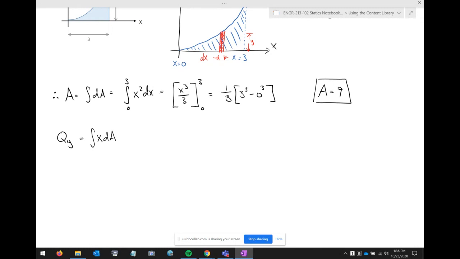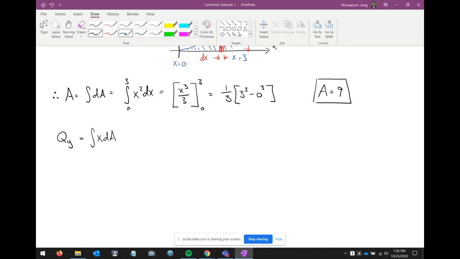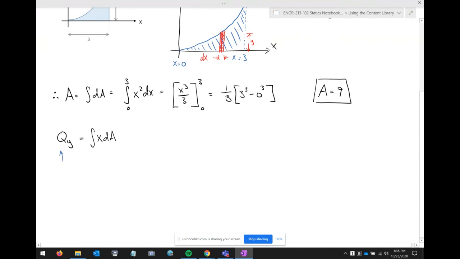So for those of you that like the terminology, we call this the first moment about the y-axis. And for those of you that are curious, if we did the integral of, let's say, x squared dA, that would be the second moment about the y-axis.